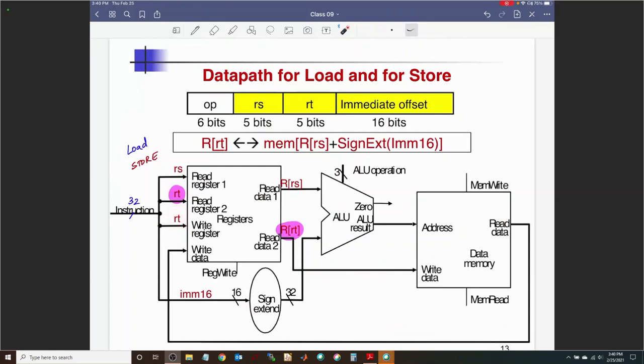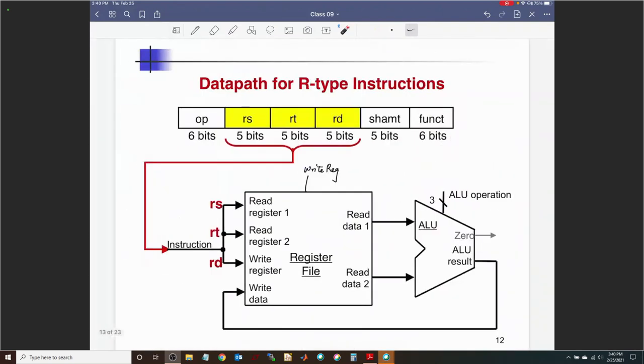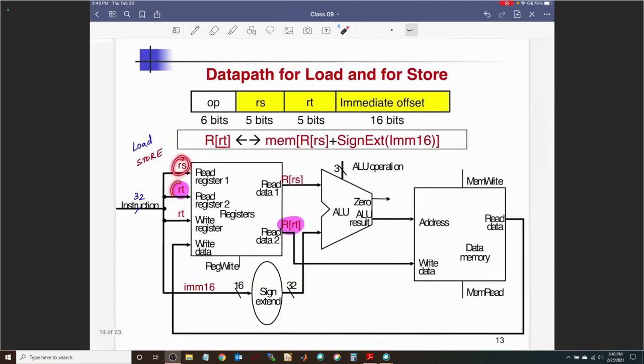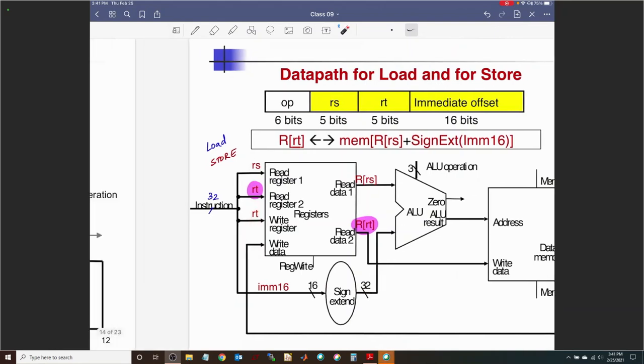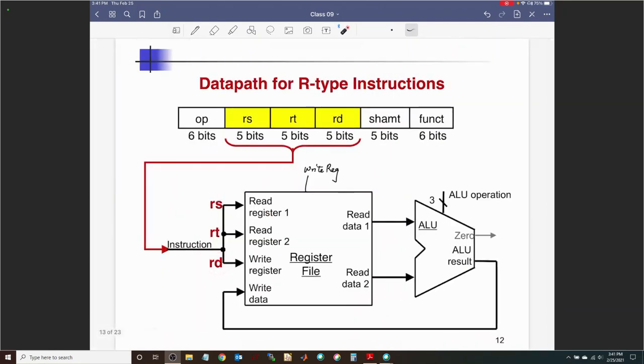But then earlier we said for R type instruction, we said RS, RT, RD. Now we are saying RS, RT, RT. Okay, so maybe I can put in a mux over here to select between RT or RD depending on which instruction I am executing.